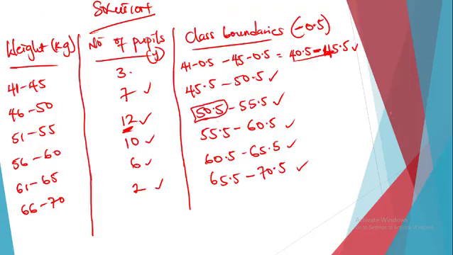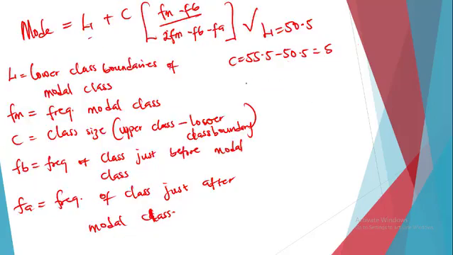Let's still go back. Then we'll talk of our FB, frequency just before. I said that FB is frequency just before the modal class. This is the frequency before the modal class, which is 7. So our FB is equal to 7, which is the frequency of class just before the modal class.